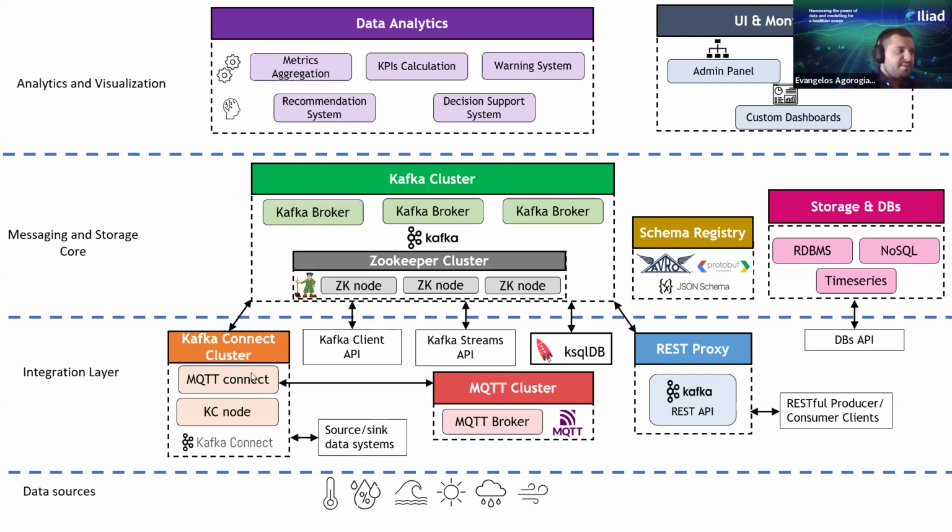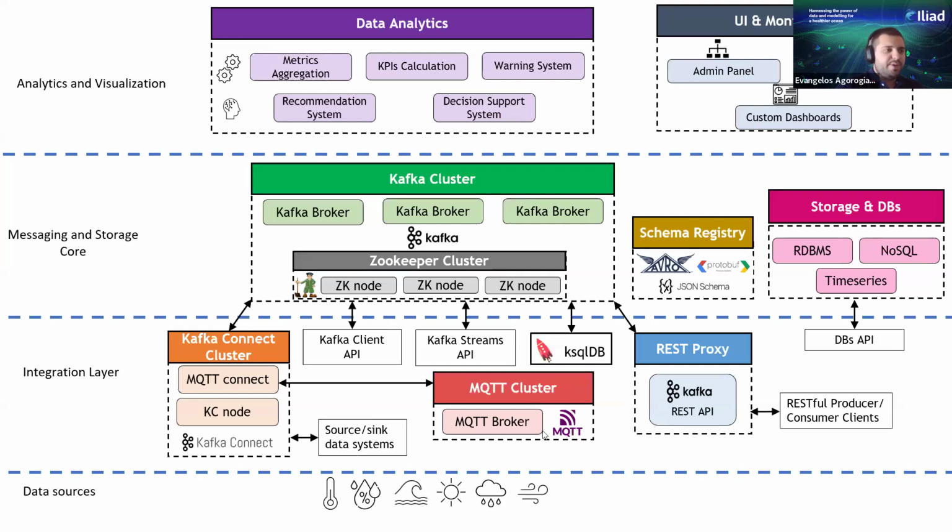As you can see, there are several modules that make up this layer, and multiple interfaces that support the interaction between the Apache Kafka cluster that we have and the storage supported with the external data sources. So we will start with the Kafka Connect cluster, which is responsible for the integration of Kafka with external systems, like the MQTT cluster, for example.